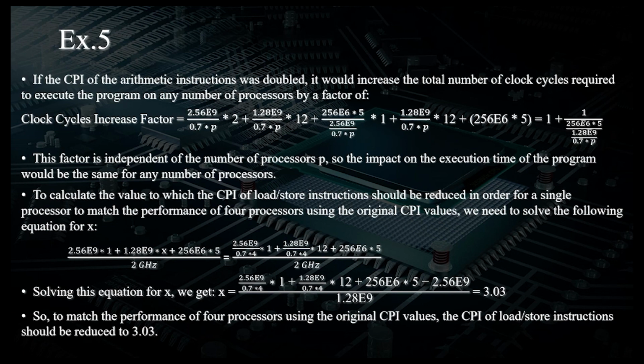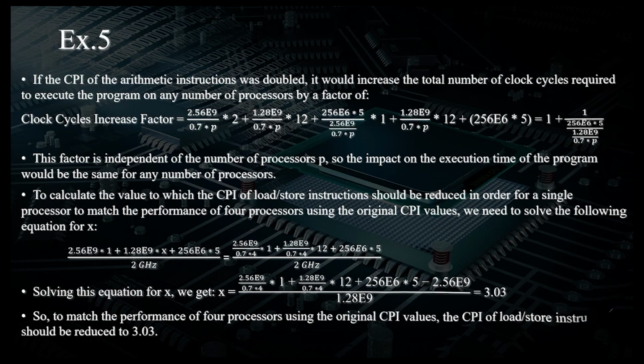When we solve this equation for x, the final result is about 3.03. So to match the performance of 4 processors using the original CPI value, the CPI of load and store instructions should be reduced by about 3.03.